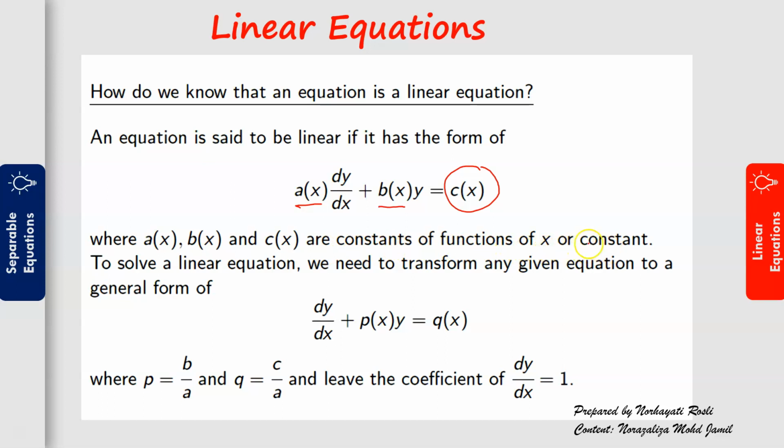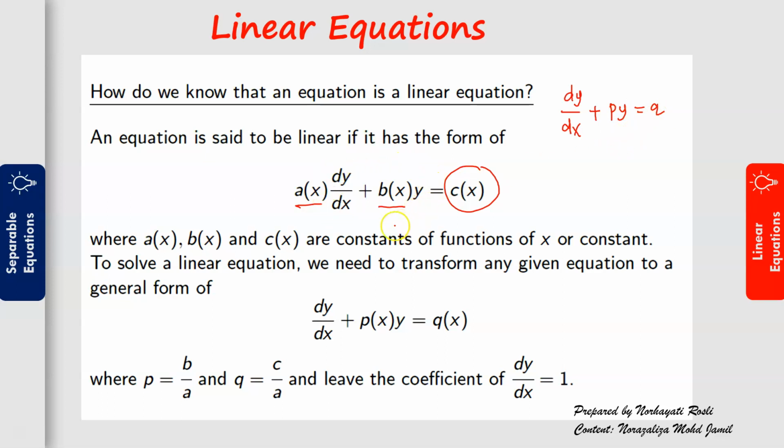And to solve this linear equation, we need to transform it into the general form dy/dx plus py equal to q, where p and q are also functions of x.